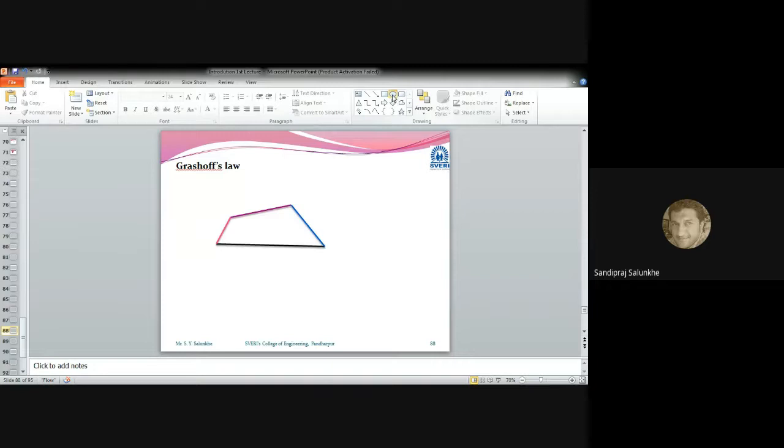Now in this chain, Grashof invented his law for the case where you want total rotary motion of any one of these links.